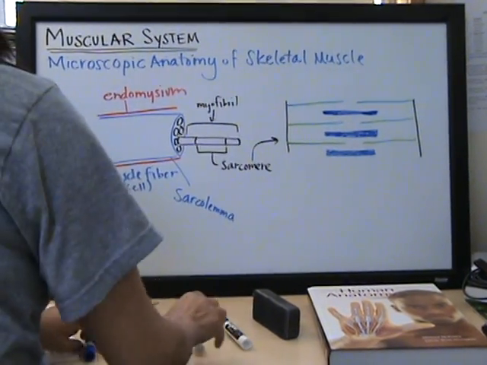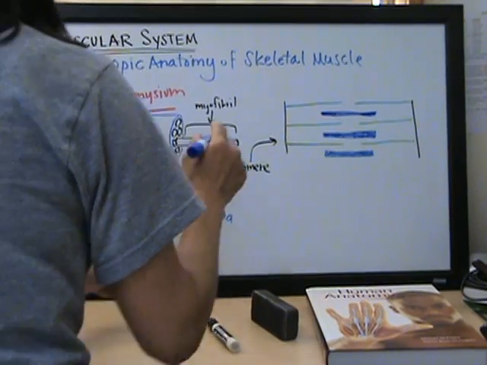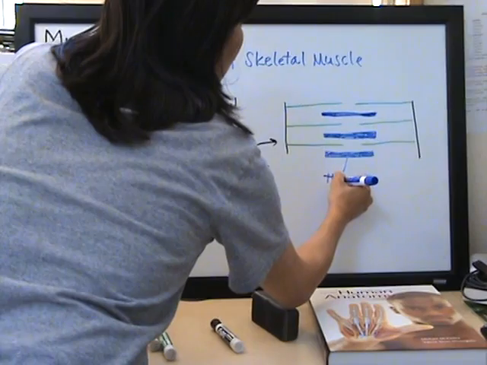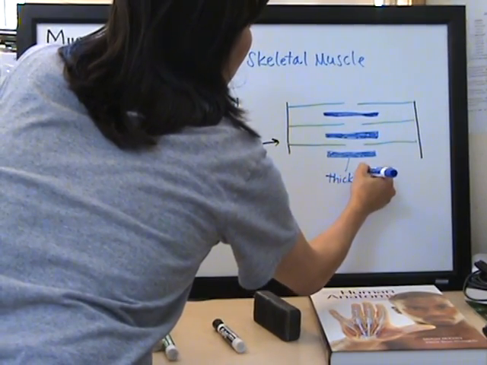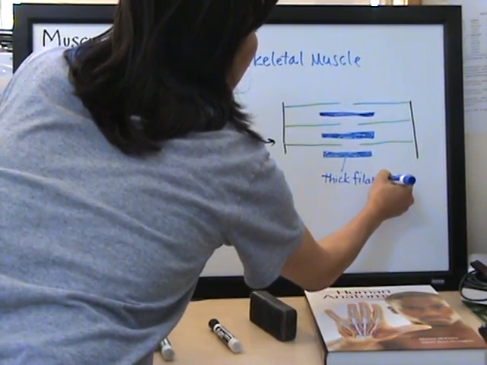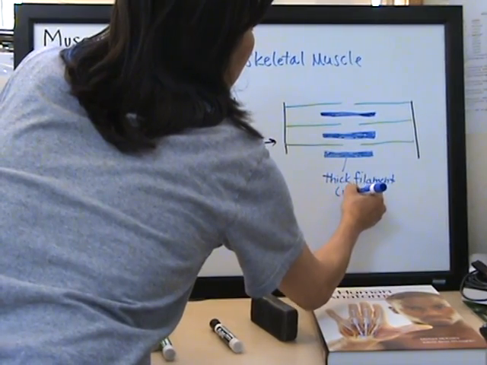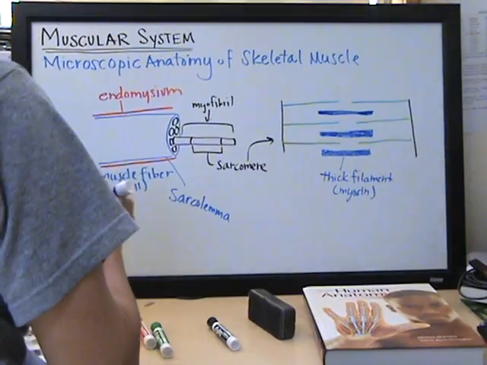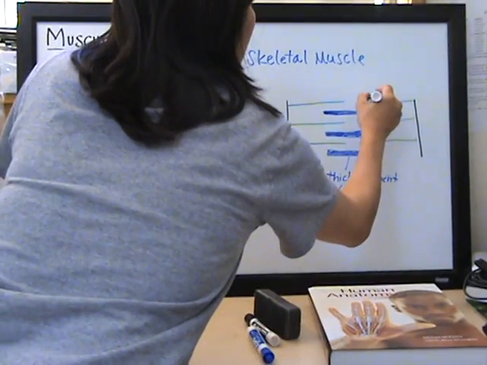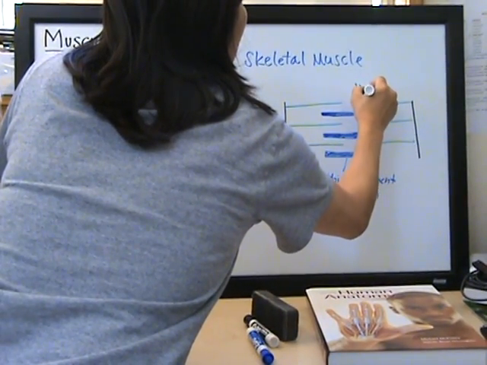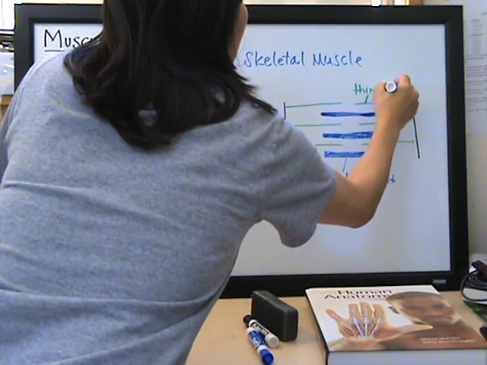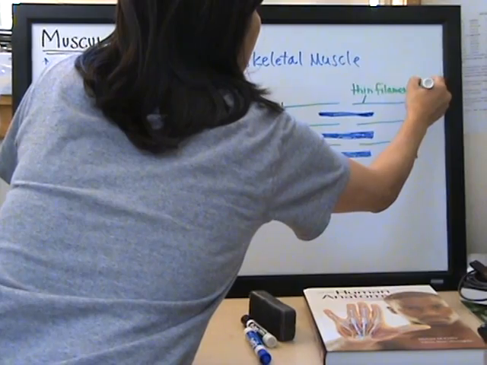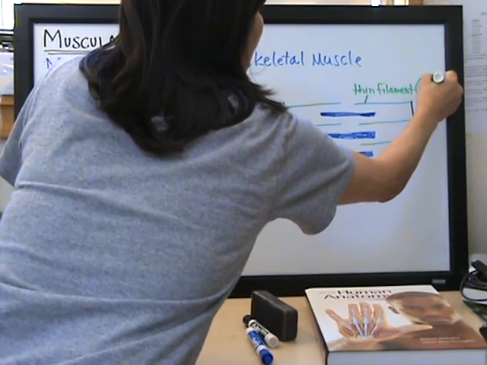Now the thick filament, or myofilament, is made up of a protein called myosin. And the thin filament is made up of mainly the protein actin.